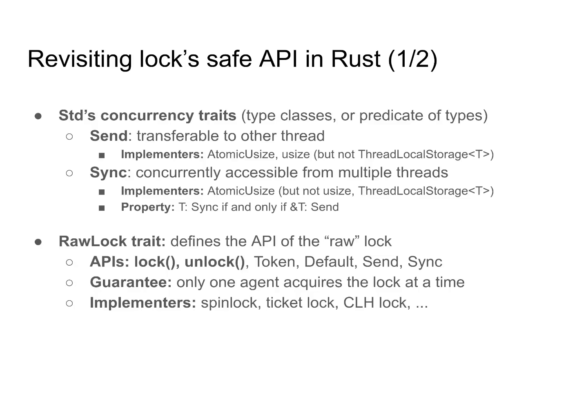Send and Sync have a very interesting property. T is Sync if and only if the reference type is Send. That means that T can be concurrently accessible if and only if the reference to T is sendable to other threads.